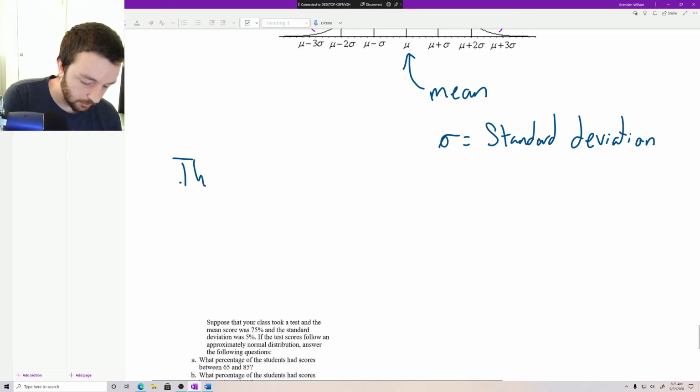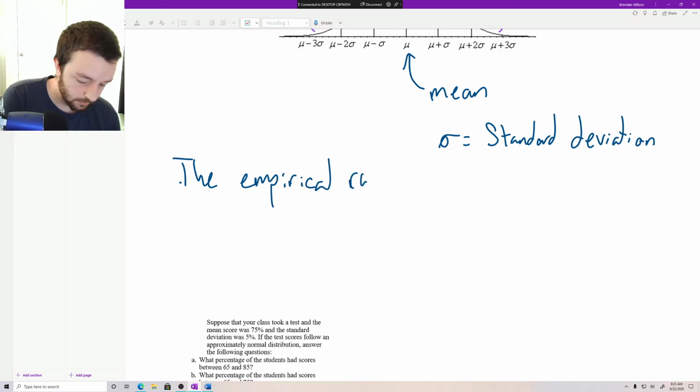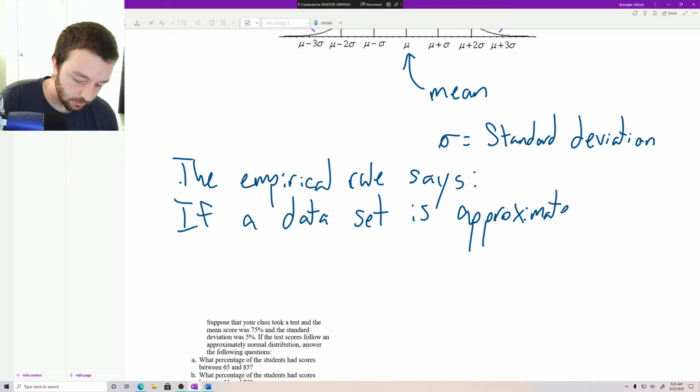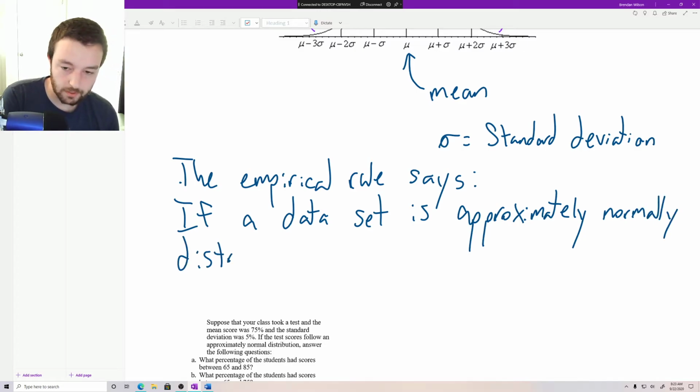The empirical rule says if a data set is approximately normally distributed. Okay, why are we using the word approximately, first of all?